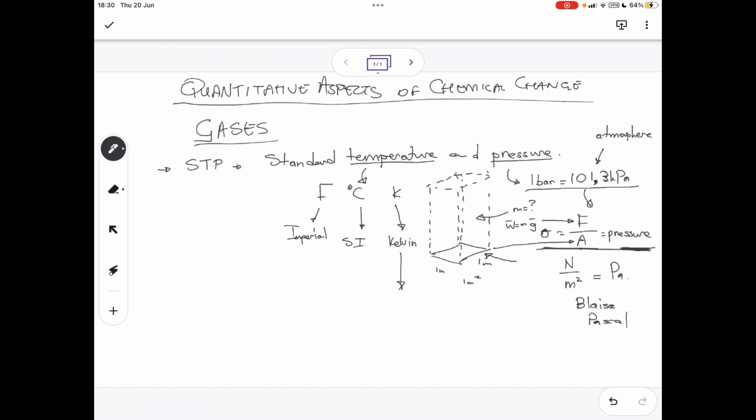But in this scale, what he developed was that there is absolute zero, and then there is maximum temperature. So on the Kelvin scale, absolute zero is negative 273 degrees Celsius.